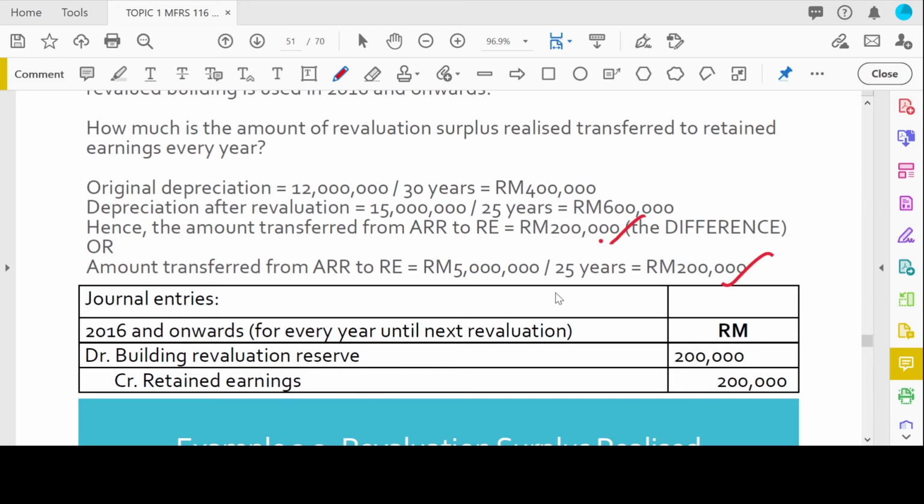What will be the journal entry? Debit asset revaluation reserve and credit retained earnings. For this example, the amount is 200,000.